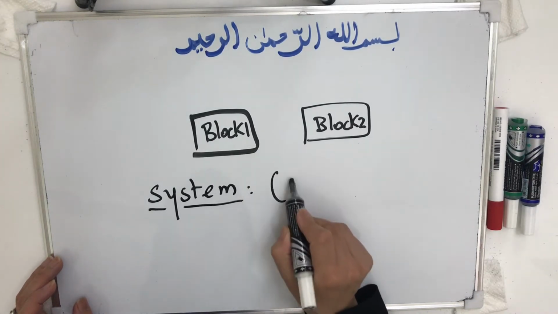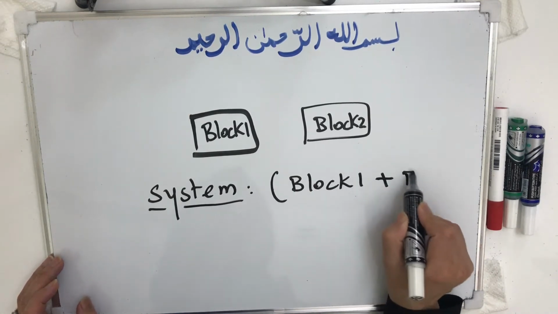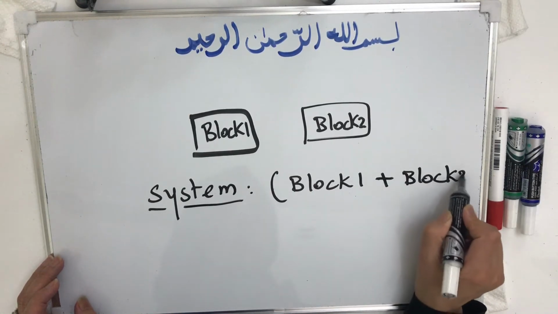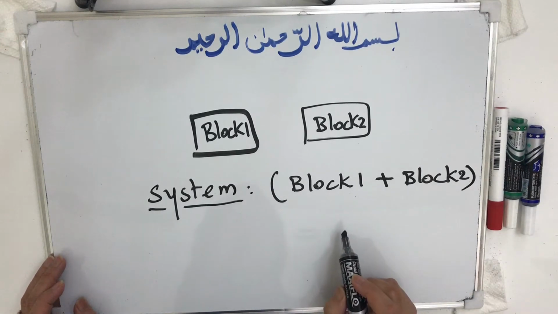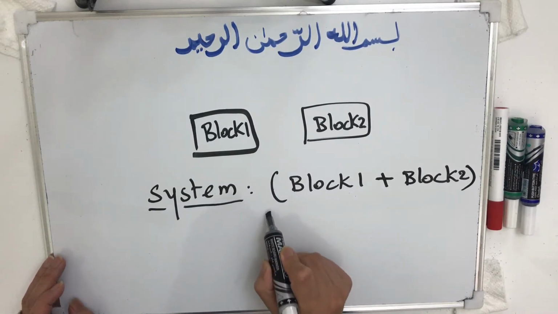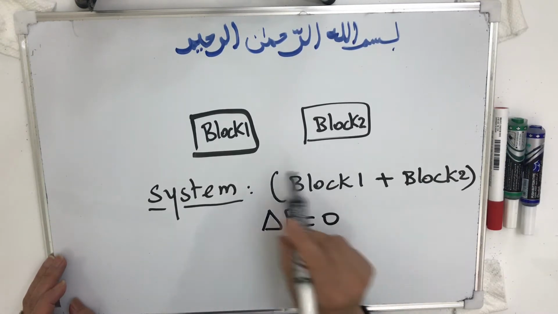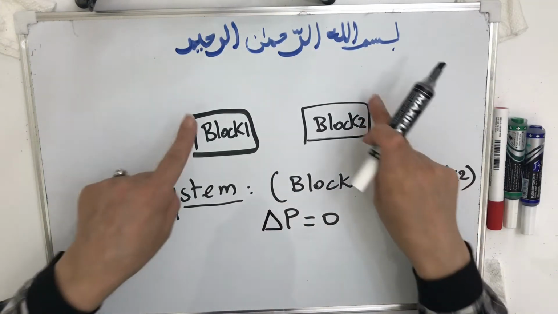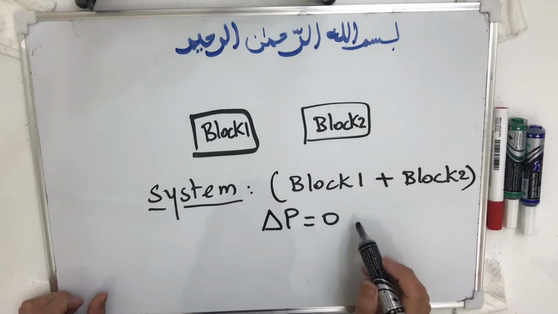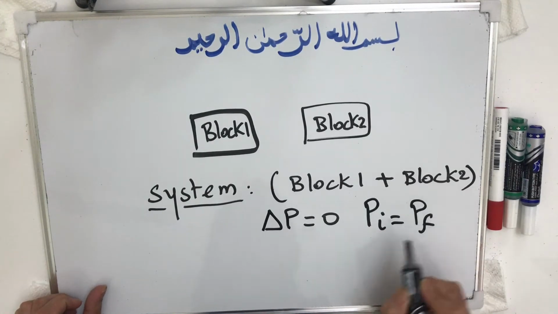The system consisting of block 1 plus block 2: for this system, delta P should be 0, meaning in a collision between these two blocks, delta P is 0, or P initial equals P final.